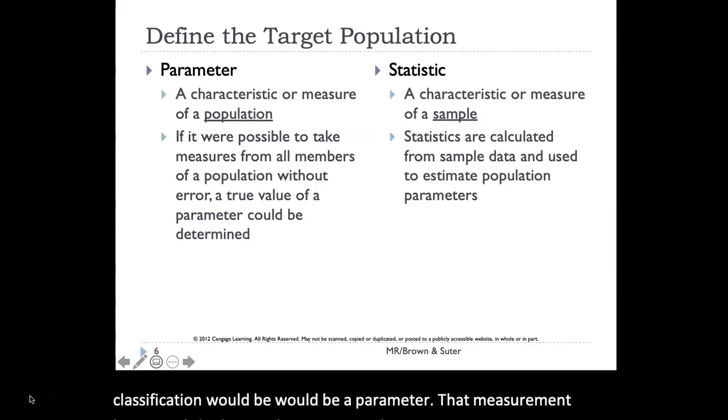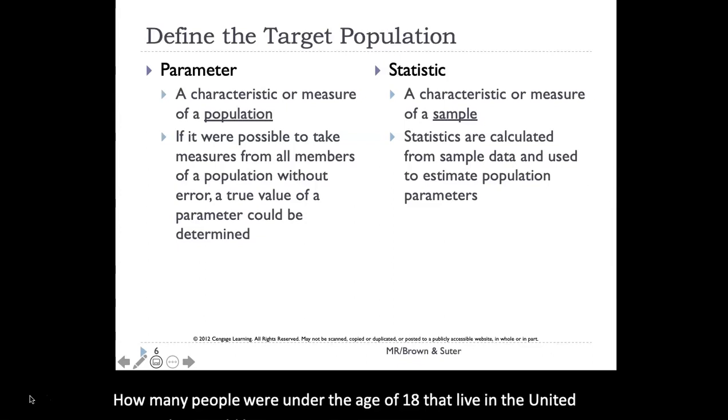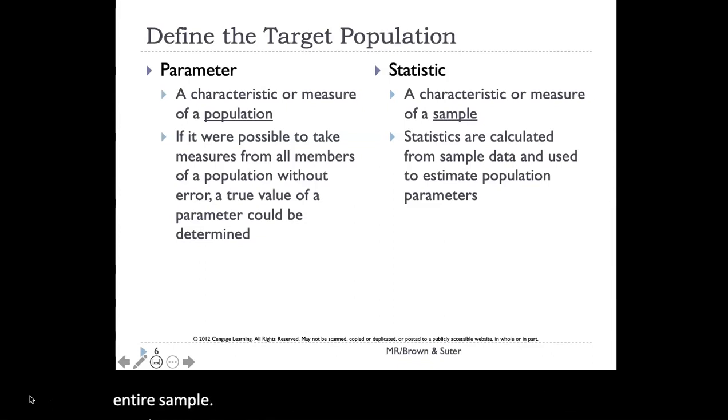However, if we only looked at a subset of the population to try and determine how many people are under the age of 18 that live in the United States, that would be a statistic, because a statistic in marketing research terms is a characteristic or a measure of the entire sample, not the entire population.